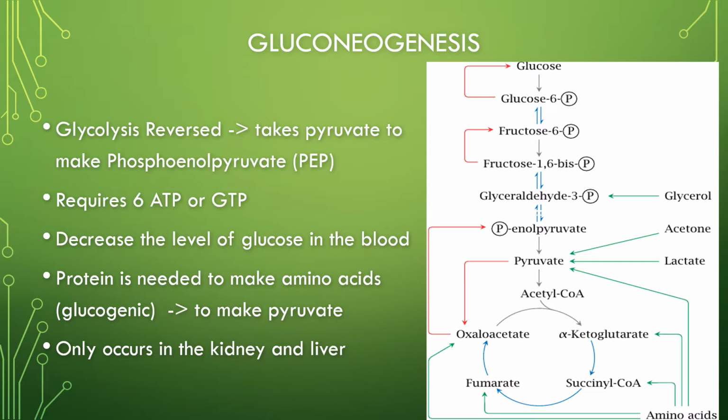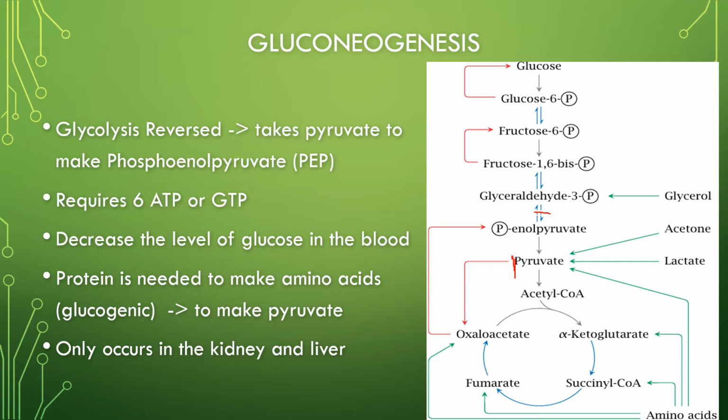All right, so now we are on to gluconeogenesis. It is literally the glycolysis process reversed. We're literally taking the pyruvate and going backwards, and that's called gluconeogenesis. As you can see in our diagram here, we have pyruvate, and then we have these double arrows.